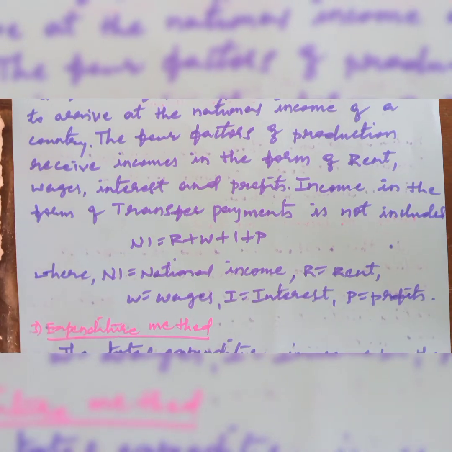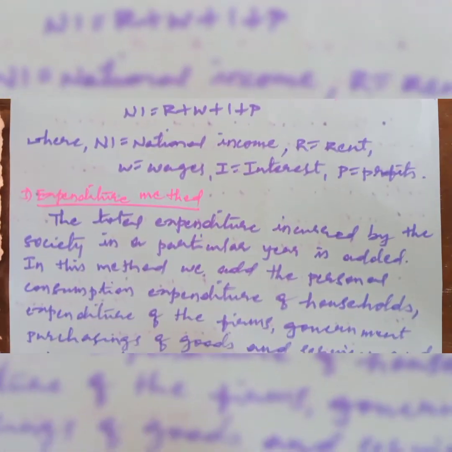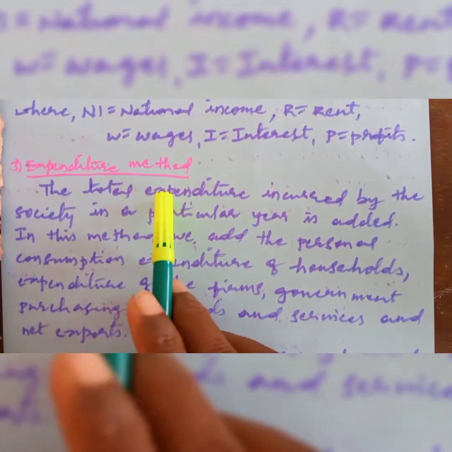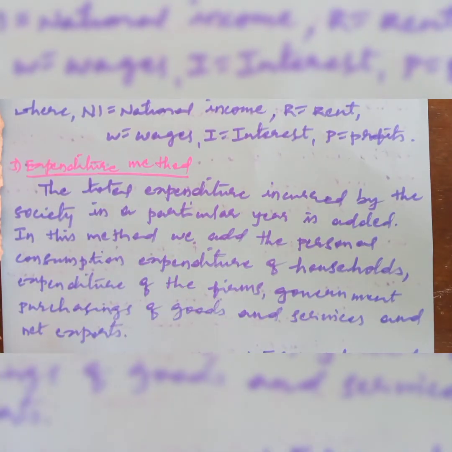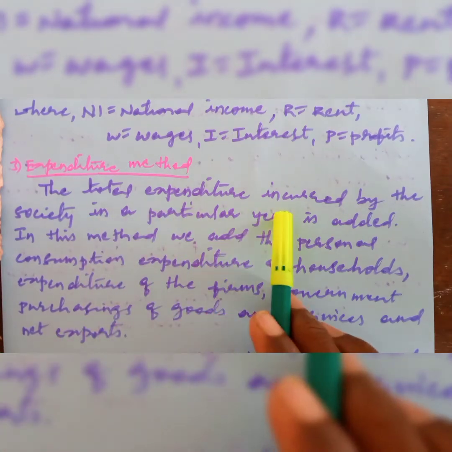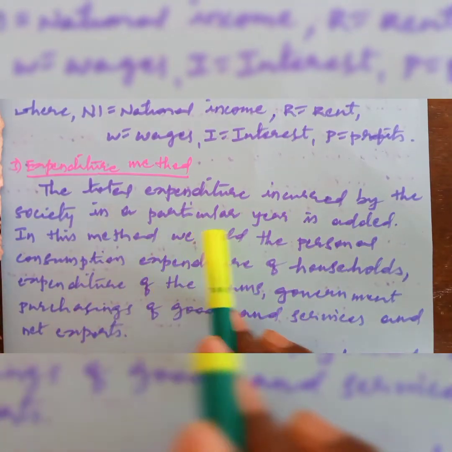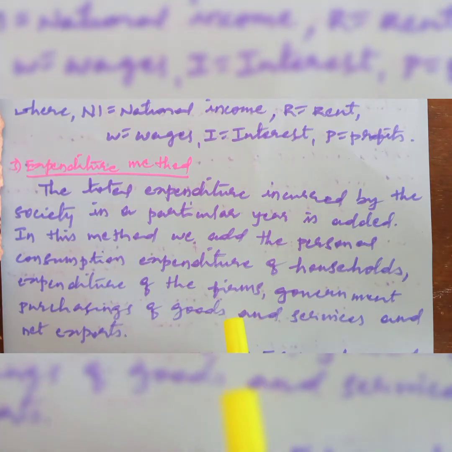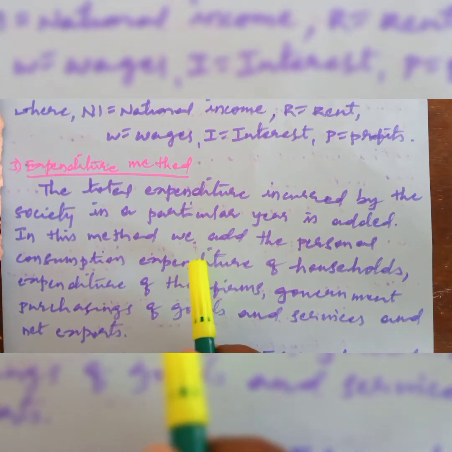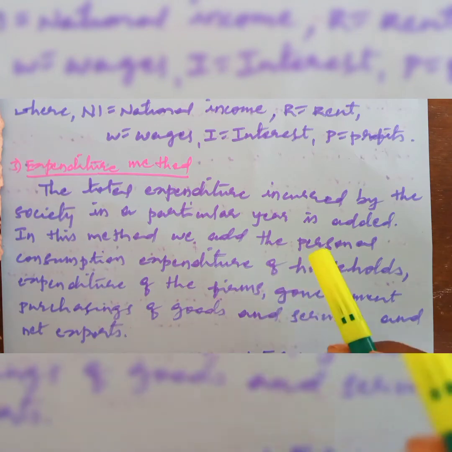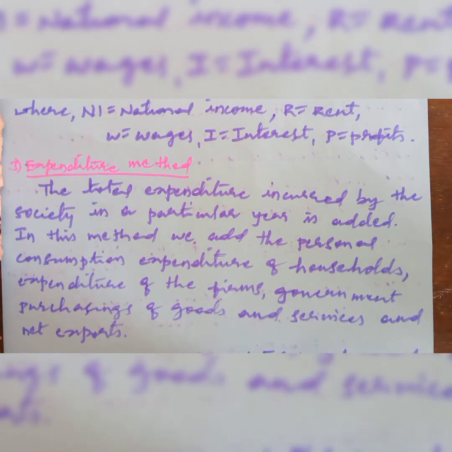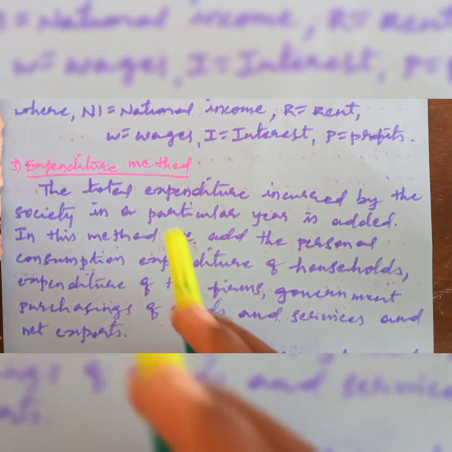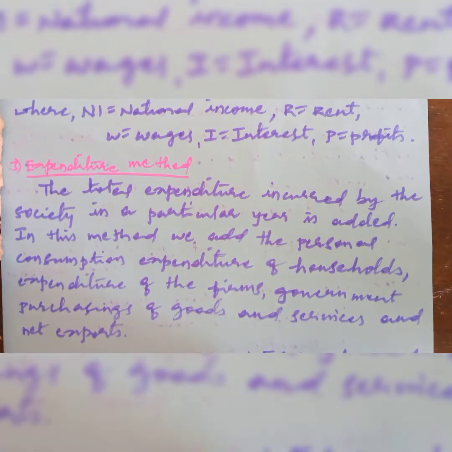Next, the third method. The third method is the expenditure method. The total expenditure incurred by the society in a particular year is added. Society is nothing but people.